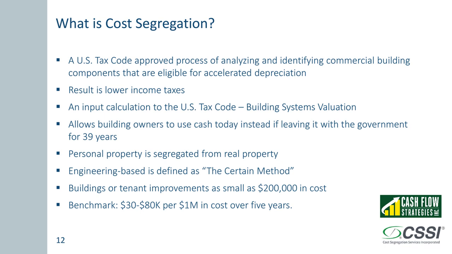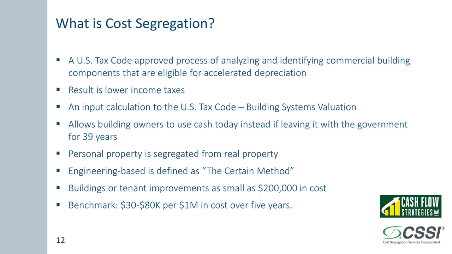In a cost segregation study, we break the building into all of its component pieces and parts, and we segregate the personal property, which is really everything non-structural in the building, from the real property. The tax code calls the engineering-based method the certain method. And all of that personal property that's segregated out is then eligible for quicker depreciation than 39 years.